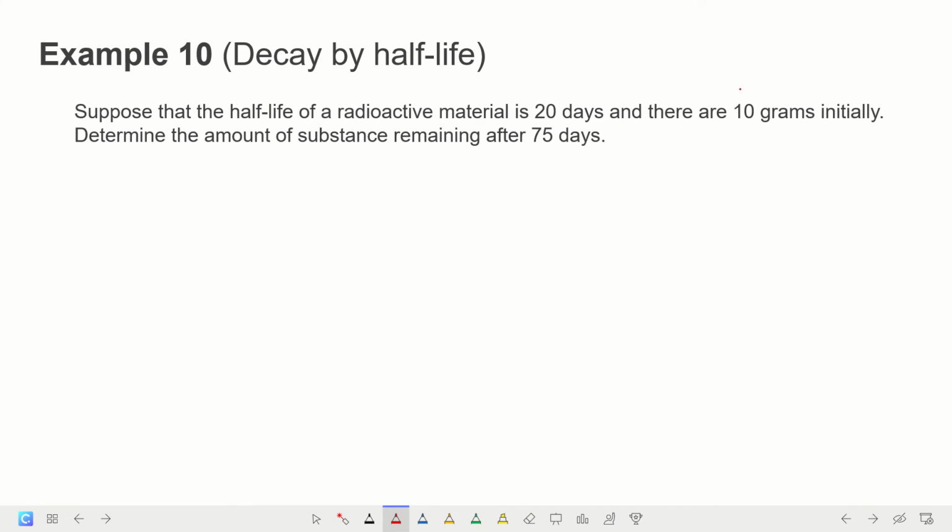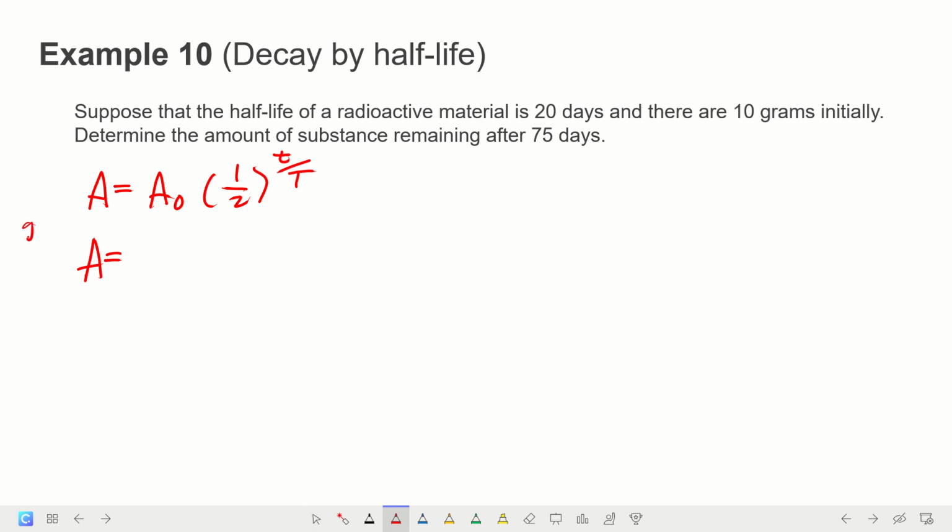Let us use our equation. Ang gamitin natin dito is A is equal to A sub 0 times 1/2 raised to t divided by the defined unit of time. Identify natin yung given.